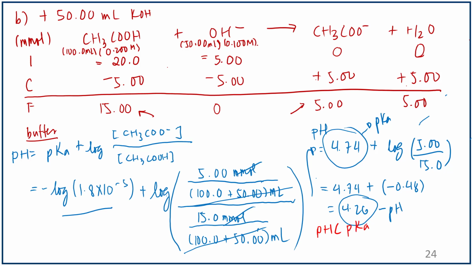And if you listen to that video that I uploaded previously, this is a situation in which the concentration of the acid, in this case acetic acid, is greater than the concentration of the conjugate base, which is acetate ions.